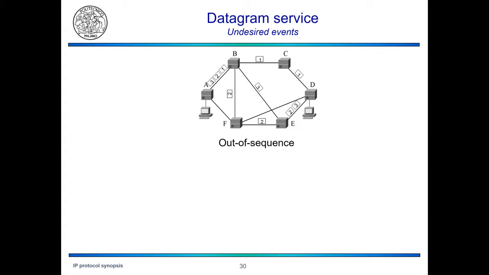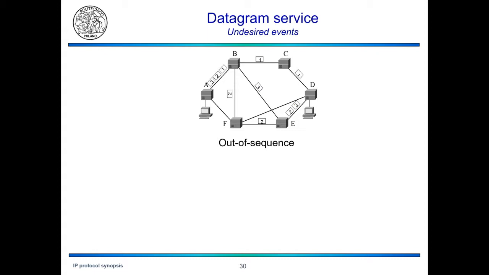Then the routing table of B changes, and packet number 2 is sent towards F. So it will follow a path that is A, B, F, E, and D. And so it is 4 hops long. Okay. Then the routing table of B changes again. Packet number 3 will follow the path A, B, E, D, that is again 3 hops long.